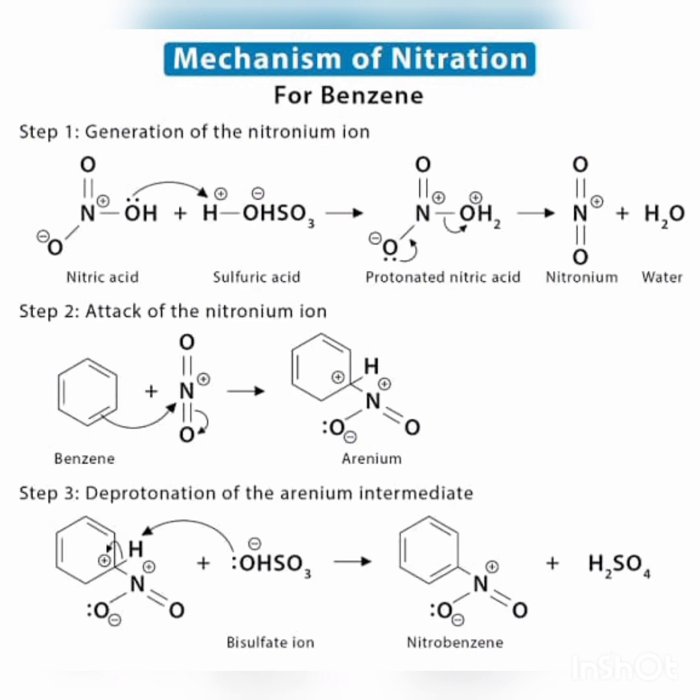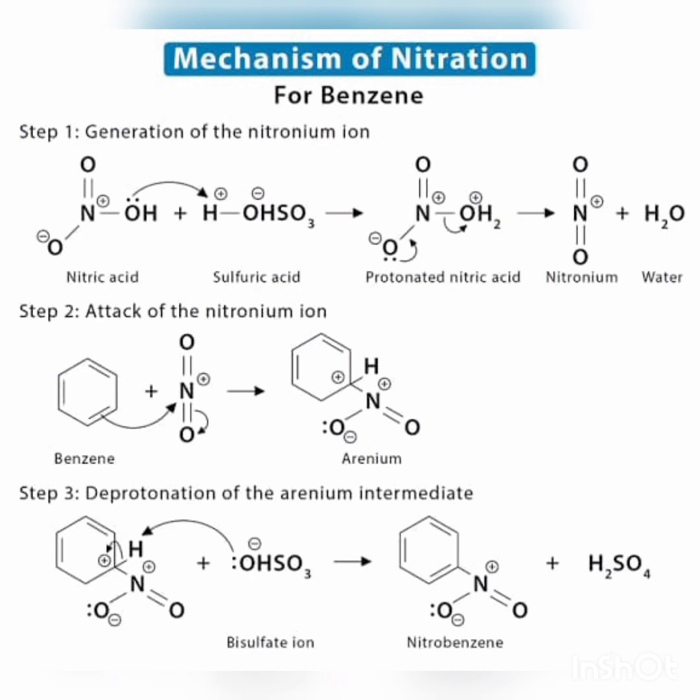Normally, the nitration of the benzene ring is carried out in the presence of sulfuric acid. Benzene will react with nitric acid to give nitrobenzene in the presence of sulfuric acid. The first step is generation of the nitronium ion.